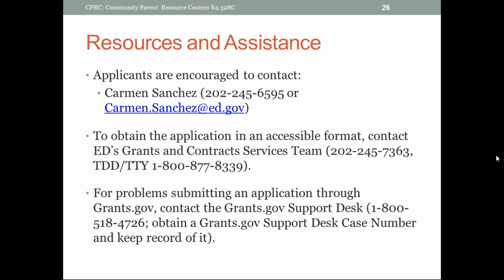But the way it works on the SF 424 is it gives them an idea of who to contact, which Congress person, not the senator. I think they contact the senators also. They contact both your Congress person and your senator, in order to be able to contact you if you should be funded. Okay.